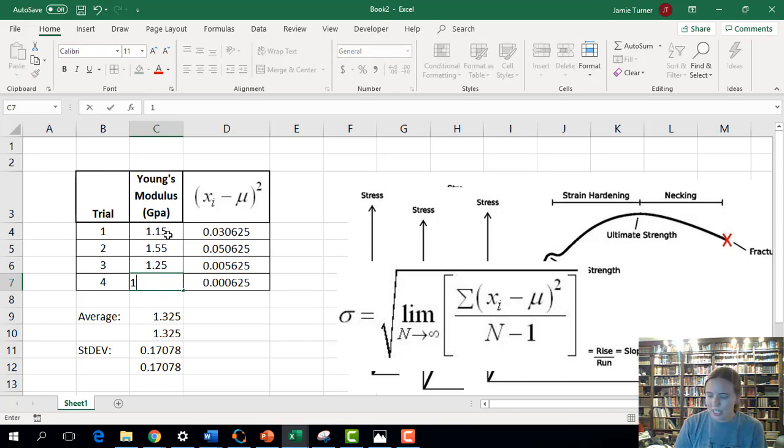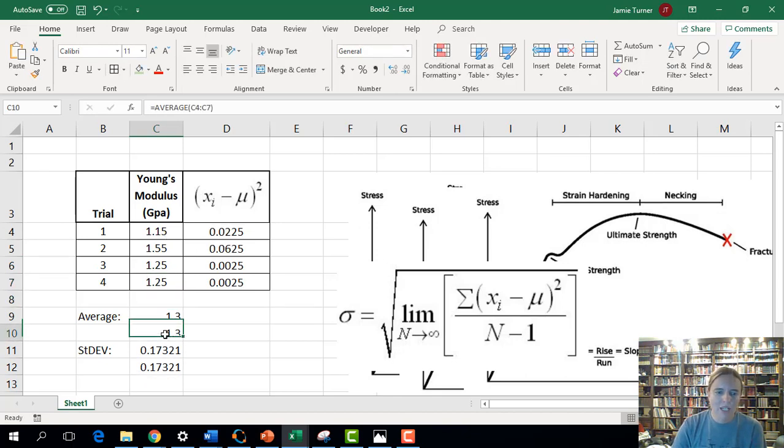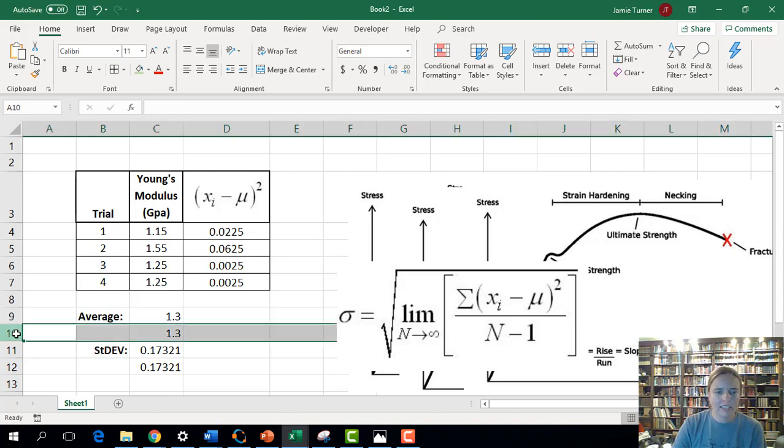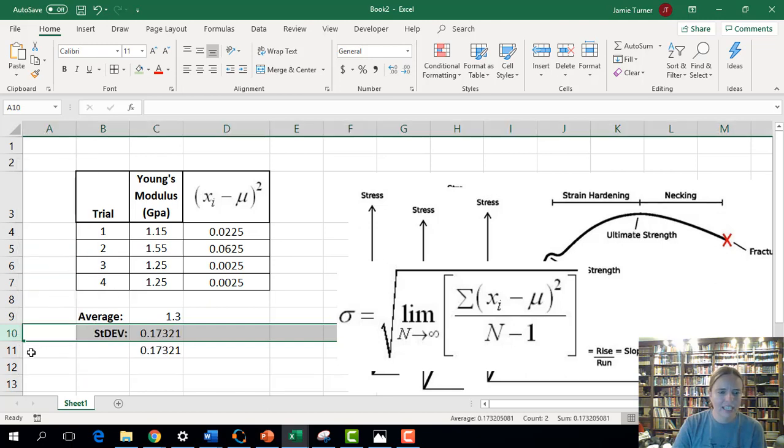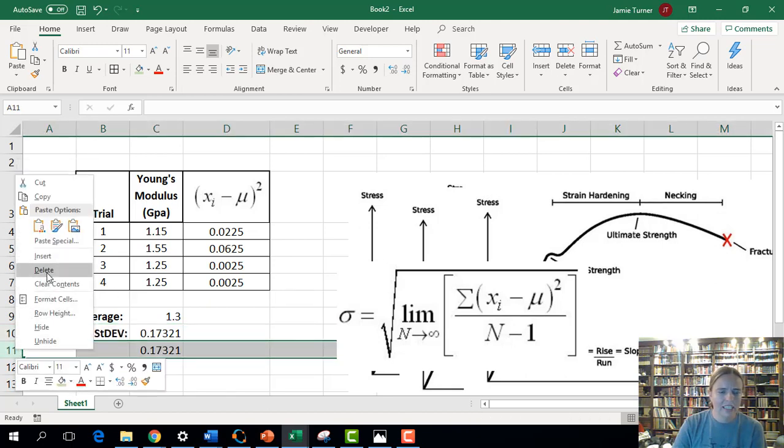Right, so it'll recalculate my average and my standard deviation, and I can get everything formatted well. So if I take time to get one data set set up really well and nicely, I can go ahead. I don't need it in there twice, right?